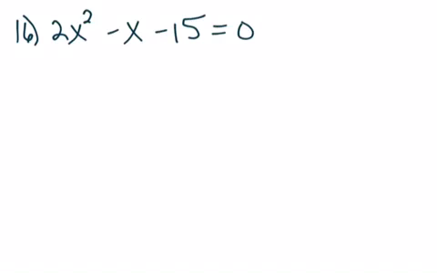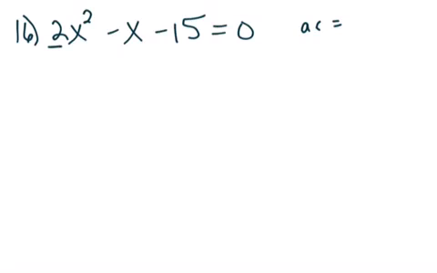Okay, if you will look at number 16, this is where we have the zero factor property discussed. The zero factor property requires us to do AC factoring and then solve the 2 parts that we have. So number 16 has 2x squared minus x minus 15 equals 0. To do AC factoring, we have to determine what A times C is.